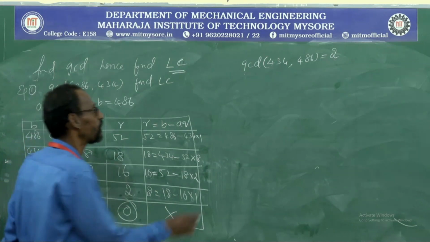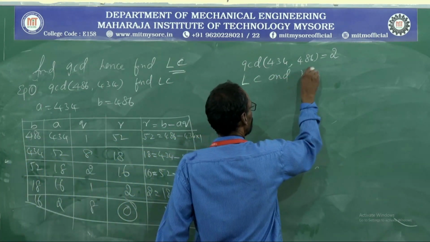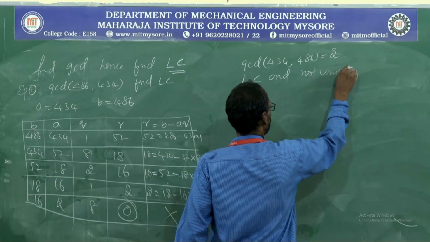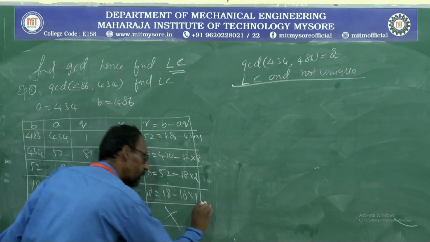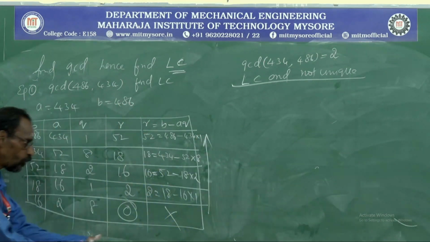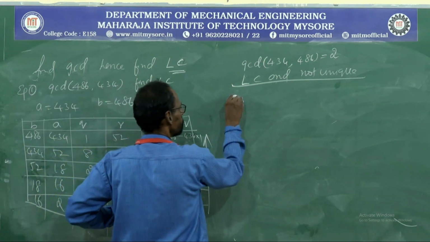Now the question is the linear combination, which is not unique. I want to prove both here. You move in the upward direction. Just take this value.